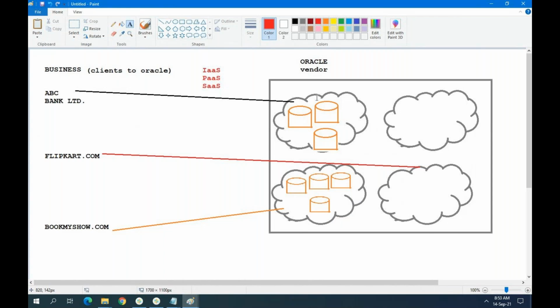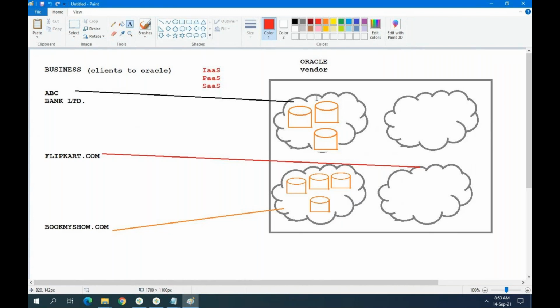In the case of 18c and 19c, the cloud is provided by Oracle, but who will maintain that cloud? The client only maintains the cloud.